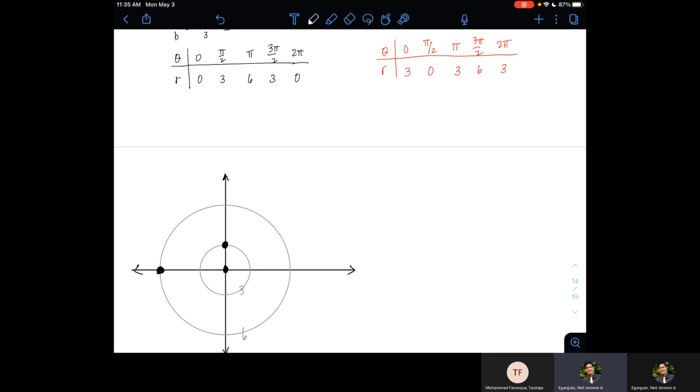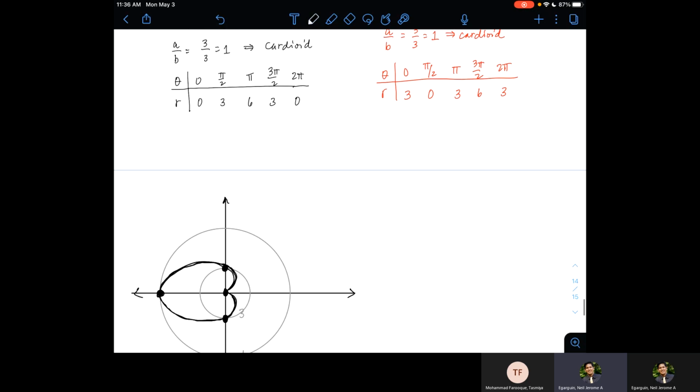And then at 3 pi over 2, we'll have 3. And then at 2 pi, we'll be back at 0. So that means the graph will look like this. As we expected, right? Because we said that here we have a cardioid that primarily lies on the negative x-axis.